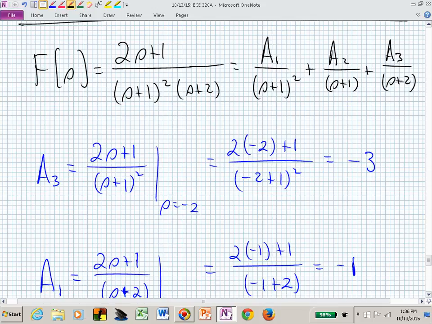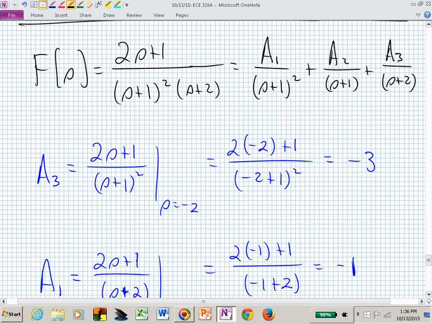You would have how many terms on the right? 4. How many of those could you find using the case 1 method? 2. This is kind of difficult. So now we have 2 left. We found a1, which was on top of s plus 1 cubed, and we found a sub 4, which is on top of, let's say, s plus 2. Now we have 2 coefficients we have to find.